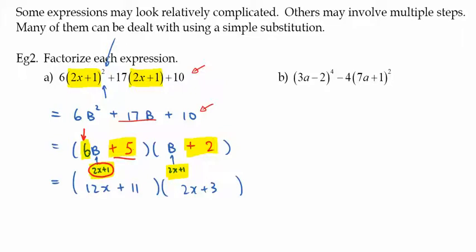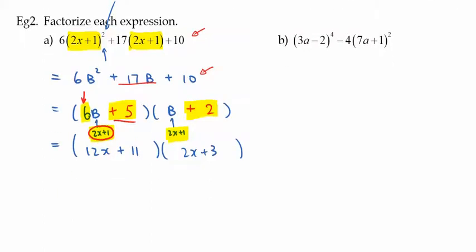Okay, the next one. If this is not a trinomial, what could it be? Does it look like a square minus another square? Yeah, it looks like it. It looks like we have a perfect square, but for now, it doesn't give us a square. Let me make it into a square.